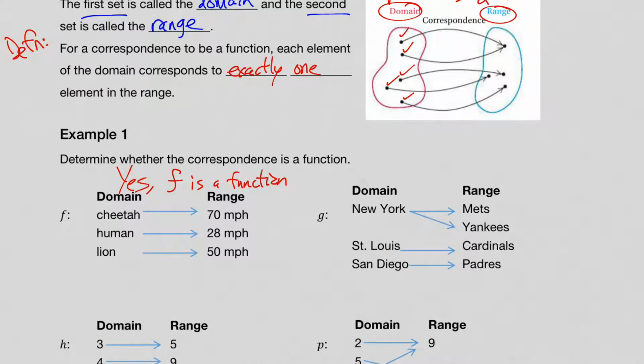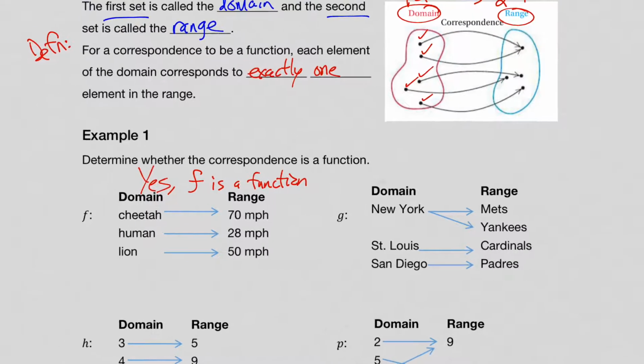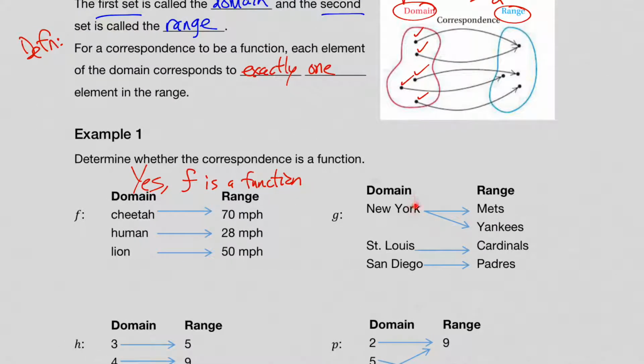Okay? Now, if you look at G, here is a different scenario. Okay? If you look at the function G over here, you will see that we have, in the domain, we have cities. Okay, so New York, St. Louis, San Diego. And in the range, we have baseball teams. Okay? So if you look at New York, okay, New York belongs to two different categories.